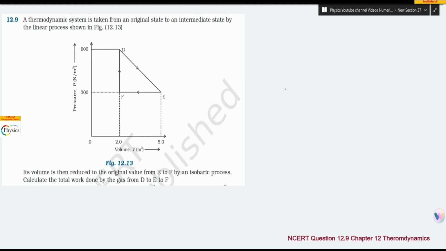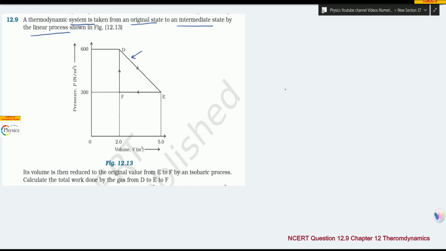A thermodynamic system is taken from original state to an intermediate state by a linear process shown in the figure.